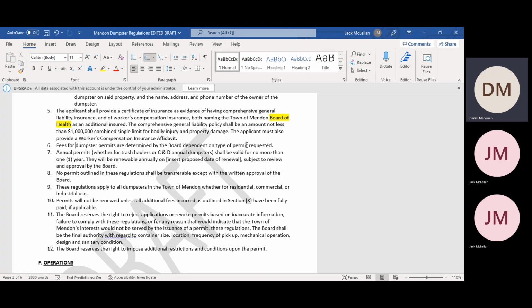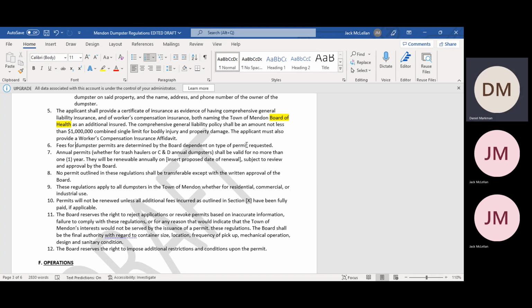Trash hauler can provide any kind of service. C and D can provide C and D services for any duration, and then temporary is one dumpster for a specified period per permit. And again, the charge is always to the haulers themselves, not the owner of the property.